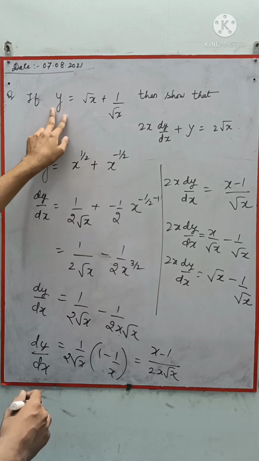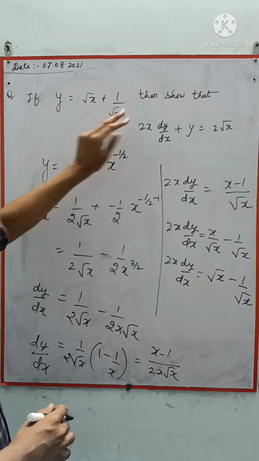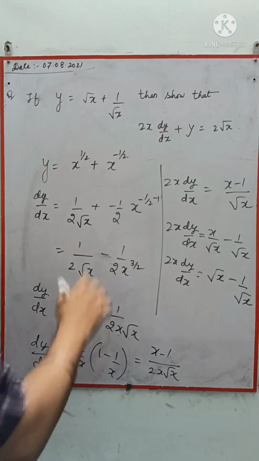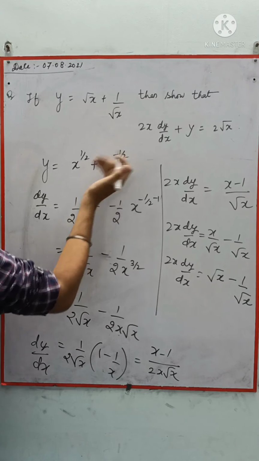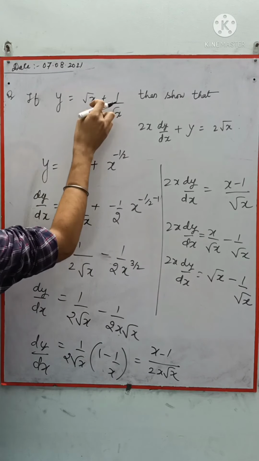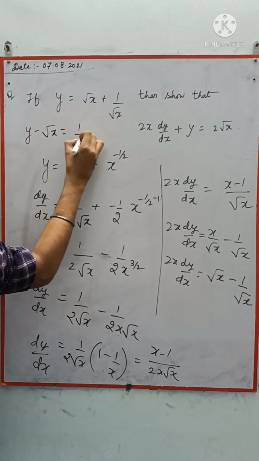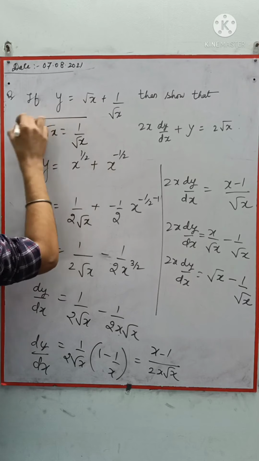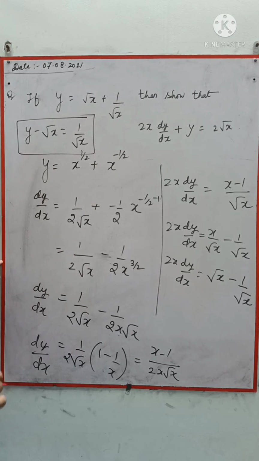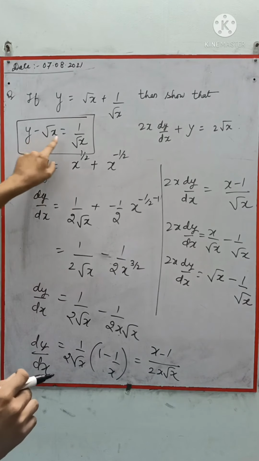Here you have y is equal to root x plus 1 upon root x. So what you do, from here you take root of x to the other side. So y minus root x is 1 upon root x. So you have this as the equation, okay? Or else you could have done one more thing, but no problem.